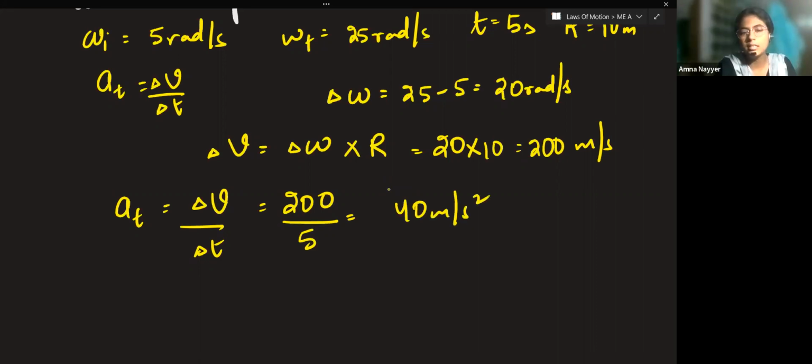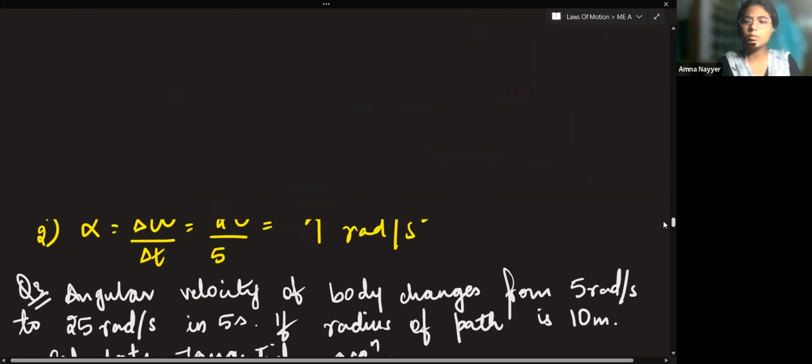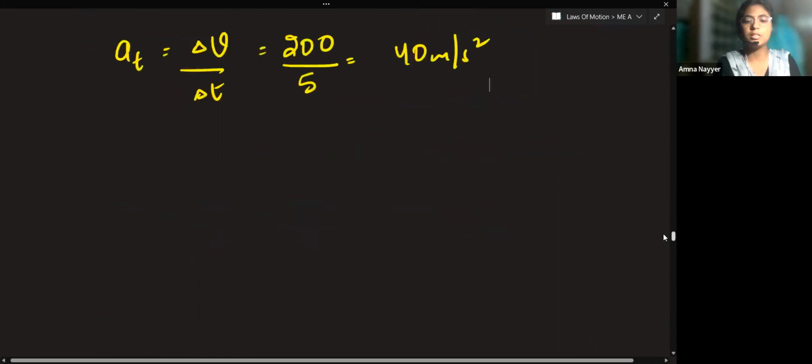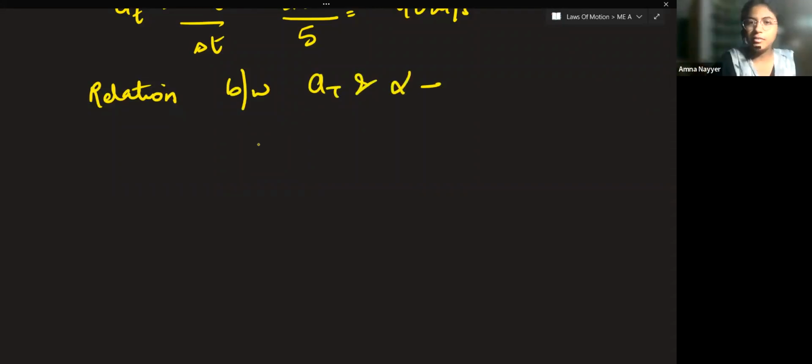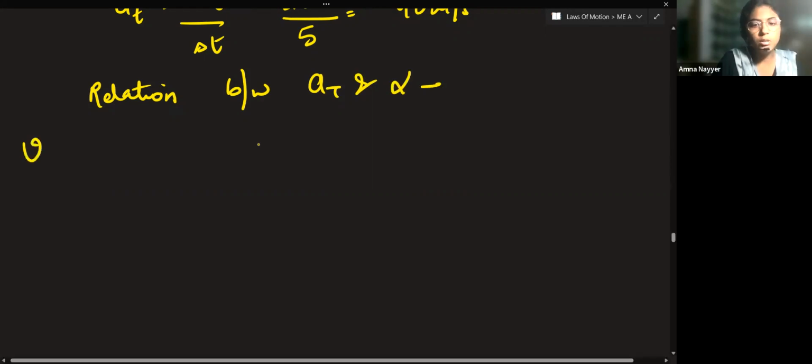Now see class, here we could have done this question had we known the relation between angular acceleration and radius also. You can note down this question later. First, let us do this relation. There's a relation between the tangential and angular acceleration, alpha and a_t. The way linear velocity was equal to angular velocity cross radius, similarly take the analogs. Instead of linear velocity, you will have linear acceleration, that is tangential acceleration.